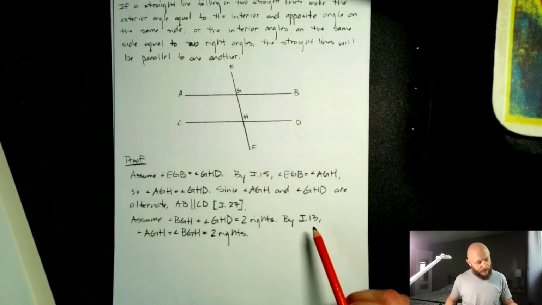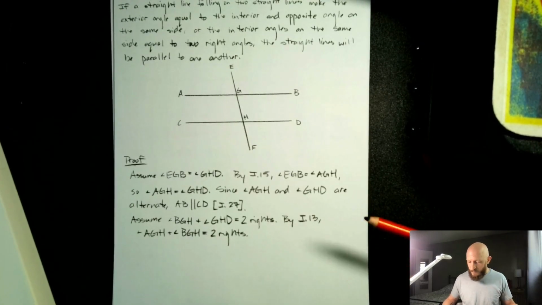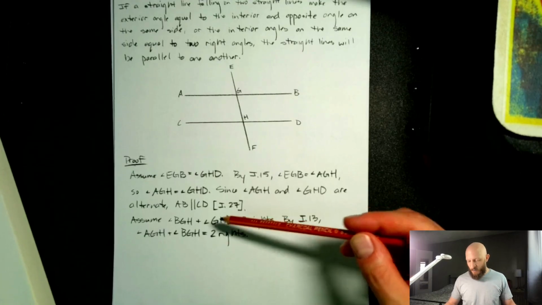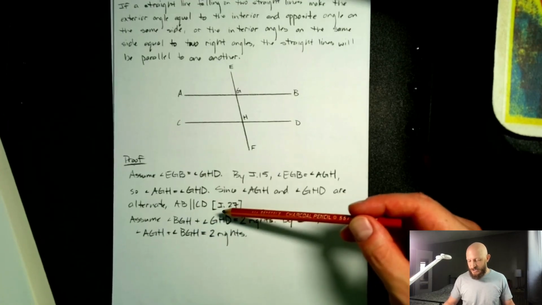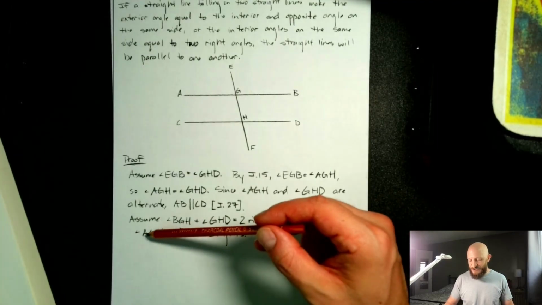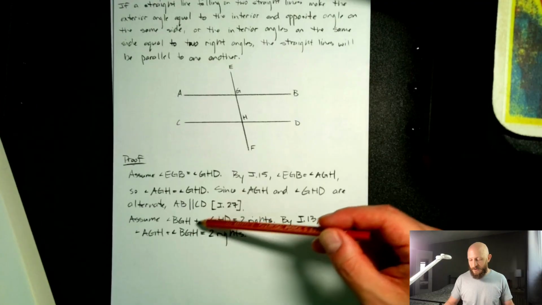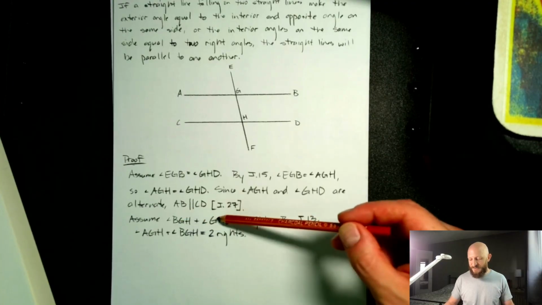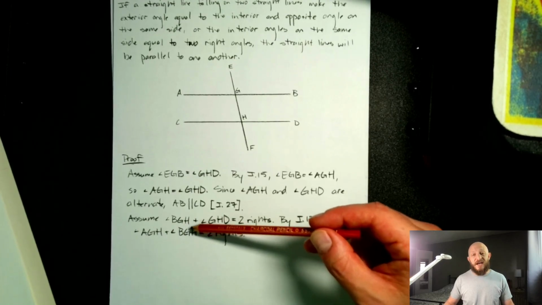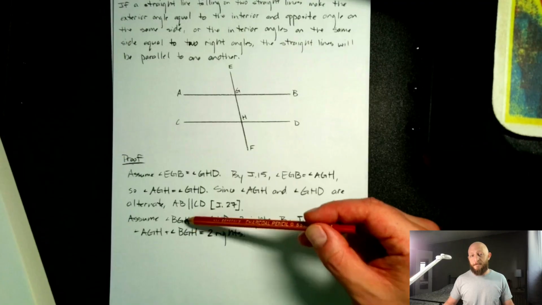Then we have this sort of transitivity of equality, because BGH plus GHD is equal to two rights, which is also equal to AGH plus BGH, so these are equal to each other. BGH plus GHD equals AGH plus BGH, and they have this common piece, BGH.